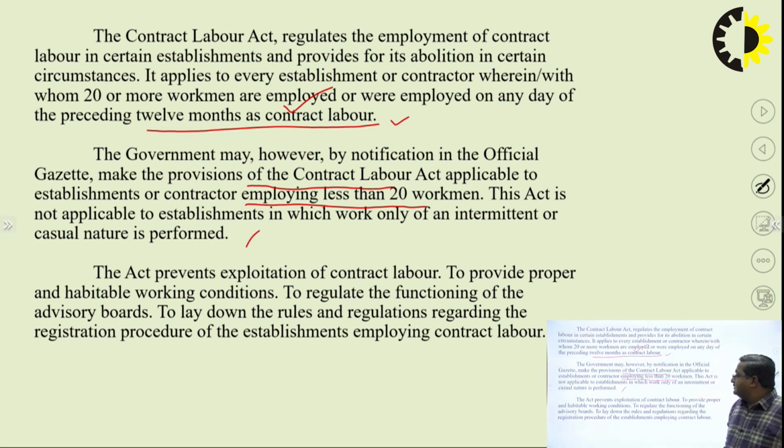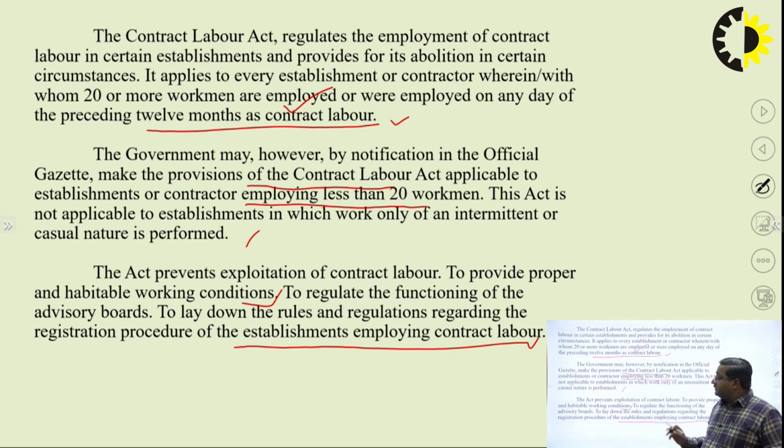The Act prevents exploitation of contract labour, provides proper working conditions, regulates the functioning of the advisory board, and lays down the rules and regulations regarding the registration procedure of establishments employing contract labour.